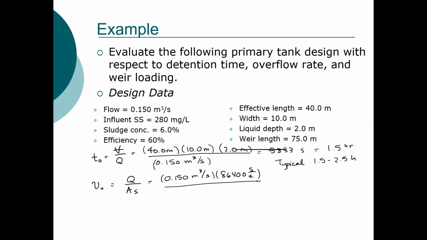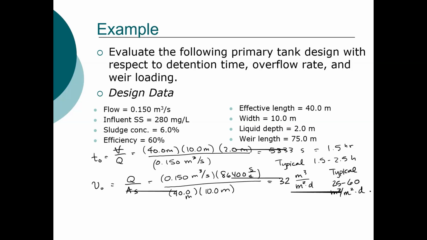We'll divide by the surface area, the length times the width, and that is equal to 32 meters cubed per meter squared per day, and the typical range is 25 to 60 meters cubed per meter squared per day. And I apologize for the extra lines here.